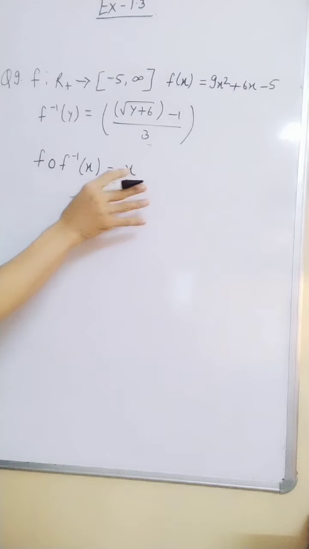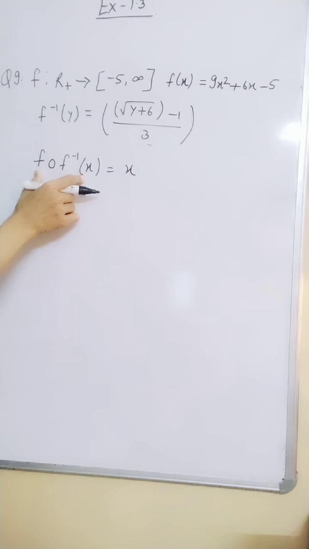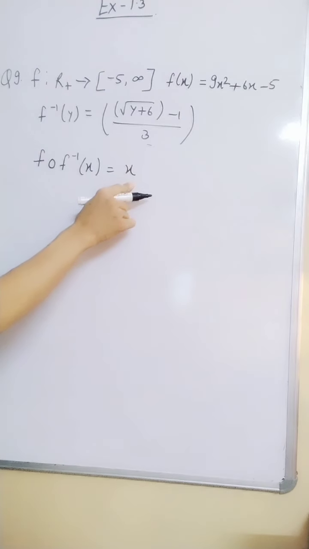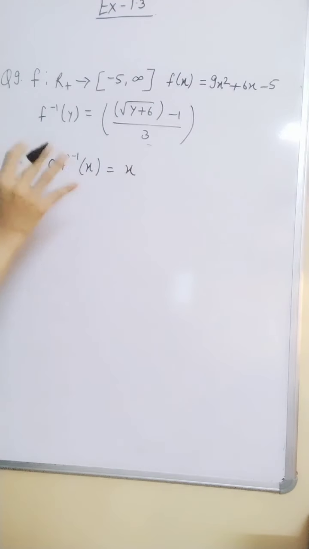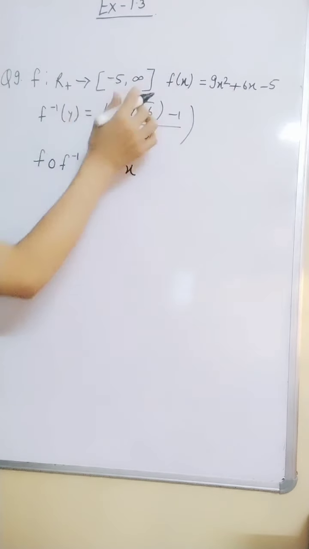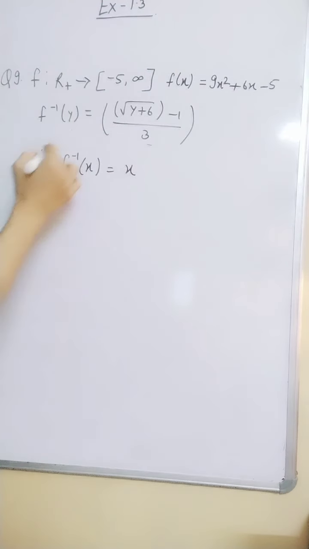Identity means what? x. If you find the composition of these two, then it will come out equal to x, right? So this is known as what? An invertible function, right? Now we will check whether this function is invertible or not. So we will find the composition of these two functions, right? Before finding the composition, I just put the value x in place of y.